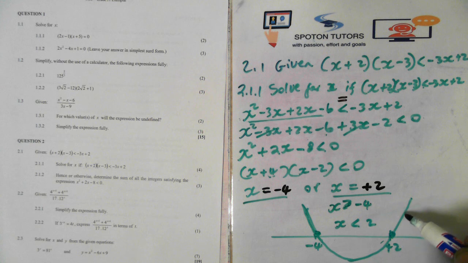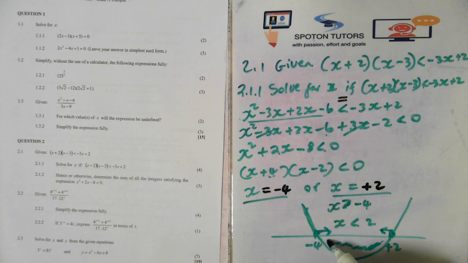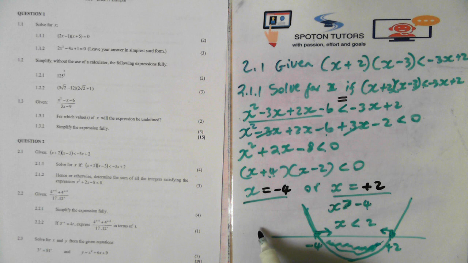It means that it goes that way and it goes that way. So we are interested in this region here. One can write it as -4 to +2, which means exactly the same thing, ladies and gentlemen.